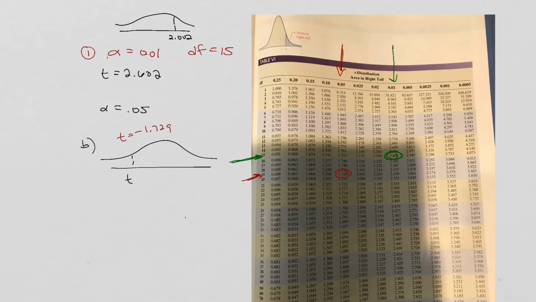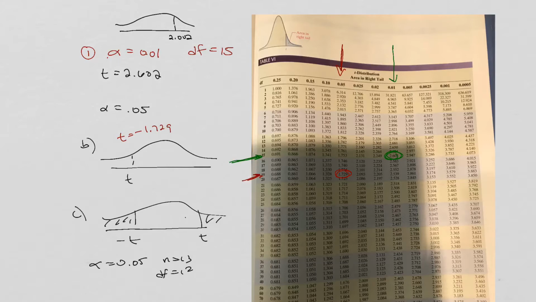For part C, we do this. We have a two-tailed test, right, which means when we get our t-scores, we'll have the negative t-score and we'll have the positive t-score. Right? So for part C, alpha is 0.05, n is 13, which means my degrees of freedom is 12.